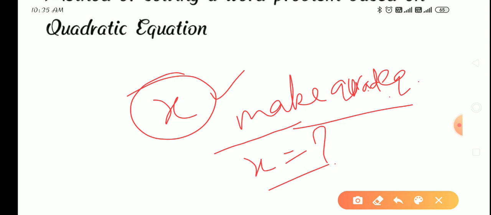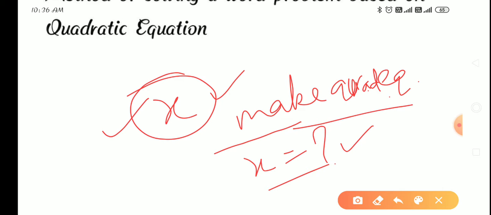Now two values of x will come. You have to see according to the word problem whether both values are possible or not. If both values are possible, then you take both values. If only one value is possible according to the given condition, then you take that one value and write the answer.